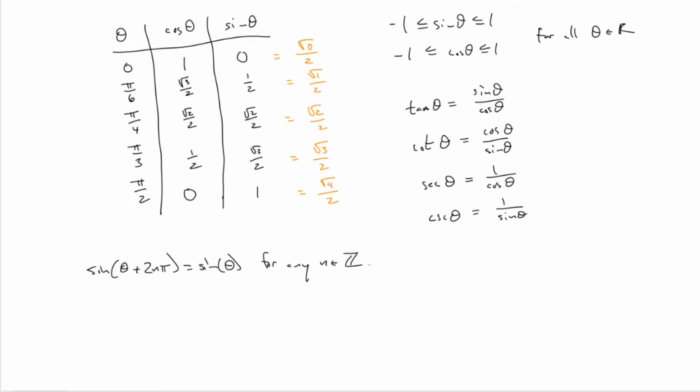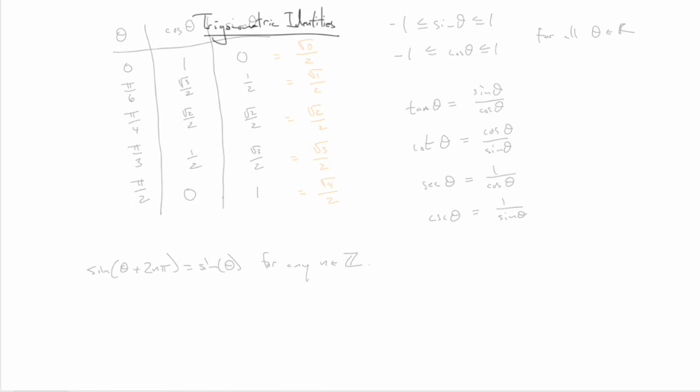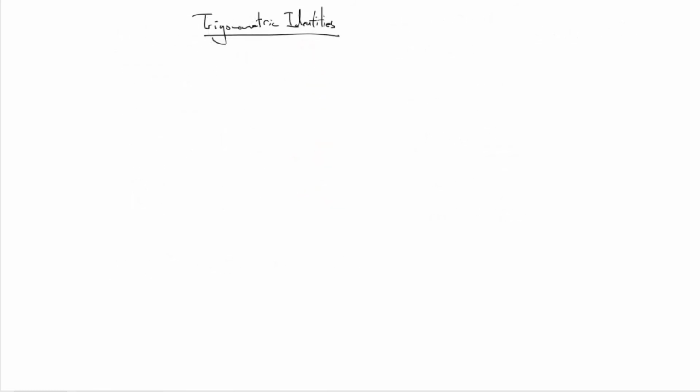And so these other 4 trigonometric functions are, in a sense, horrible functions compared to the sine and cosine, which are defined everywhere. Okay, trigonometry is full of these things called identities, which are equations that are always true.